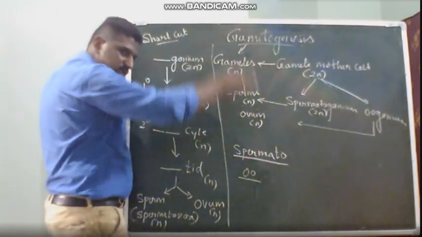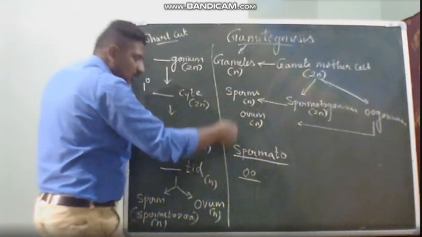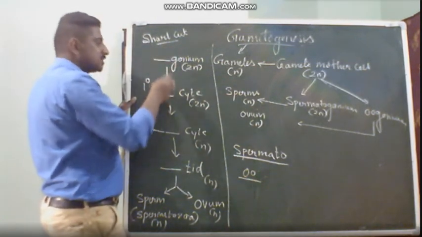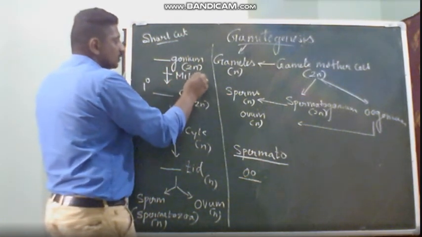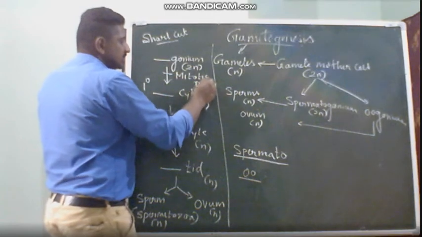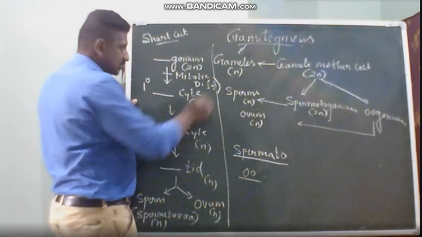When I go for the actual method, I'll be teaching you that transformation of spermatogonium or oogonium into primary spermatocyte or primary oocyte is mitotic differentiation.